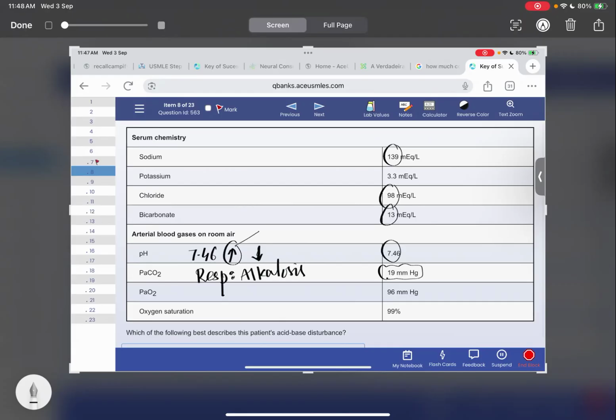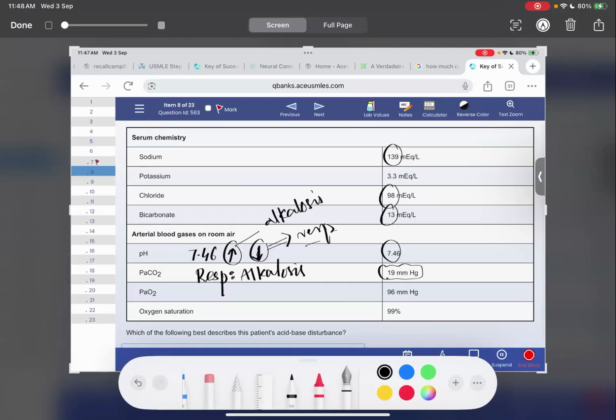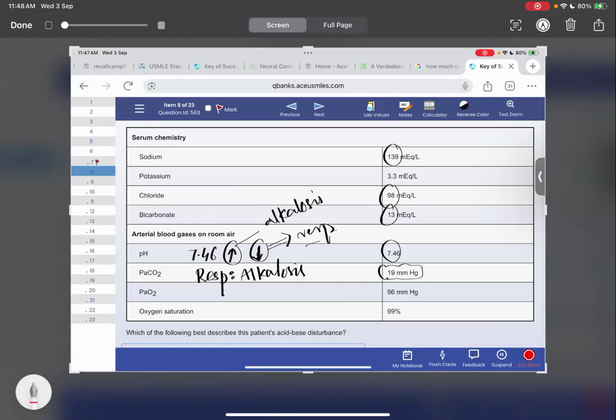From pH, we have decided that it is alkalosis. From carbon dioxide, we have decided it is respiratory. But the problem over here is how much is bicarbonate.